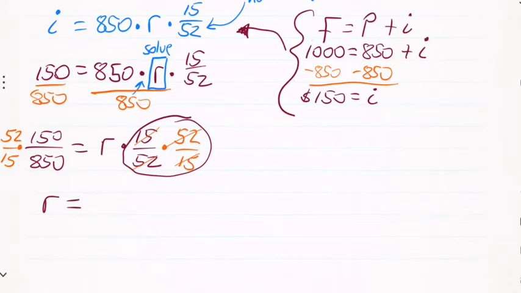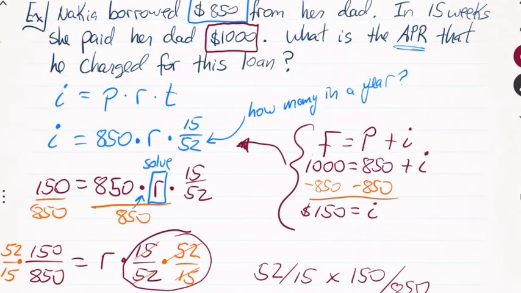So 52 divided by 15 times 150 divided by 850. Because if you try to do 52 times 150 divided by 15 times 850, you're going to get the wrong answer, because you've just moved the 850 from the bottom to the top in your calculator. So this is much safer to type in: fraction multiplication times 150 over 850.